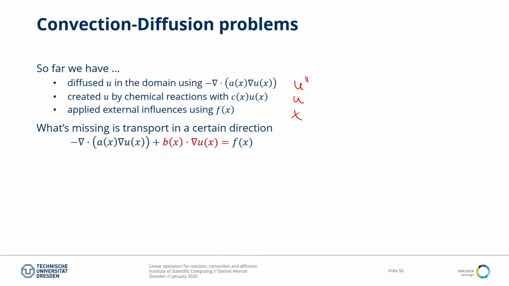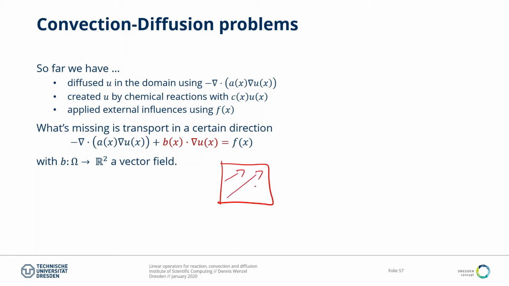So what's missing here is one derivative of u, and that's a scalar product of some vector field B and the gradient of u. And that precisely models transport in the direction that is represented by B. So if your vector field B in your domain, for example, might be a constant vector field pushing just in a certain direction, or you might have some swirling, let's say, so that B is going in a circle like this. That all can be modeled using this convective term.